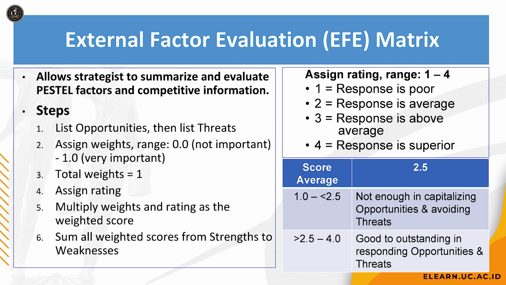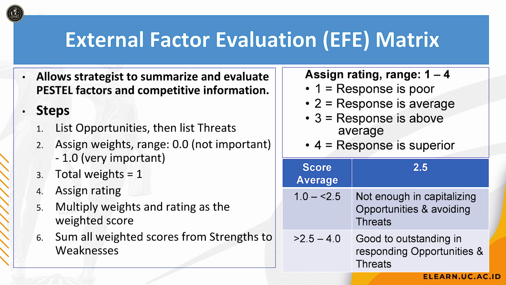When a response is superior, it means that the company is very fast in taking opportunities and turning them into something like a project or a business unit. And for example, if there is a threat, the company is very fast to reduce the threat, reduce the risk, and navigate around it. You do the same thing for the next part, assigning a rating for each factor, and then you multiply and sum up the score at the end.